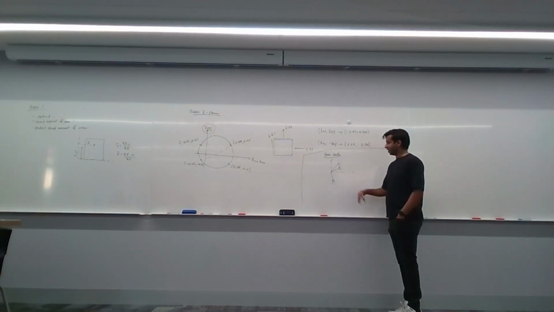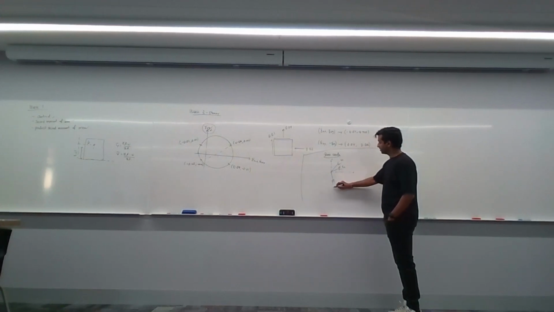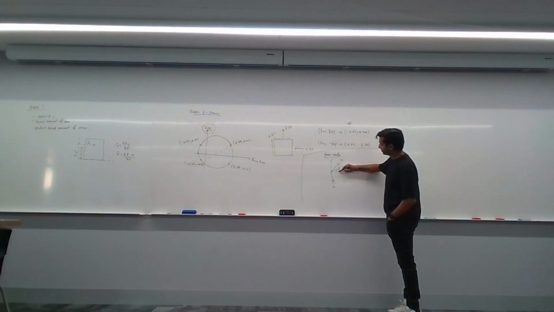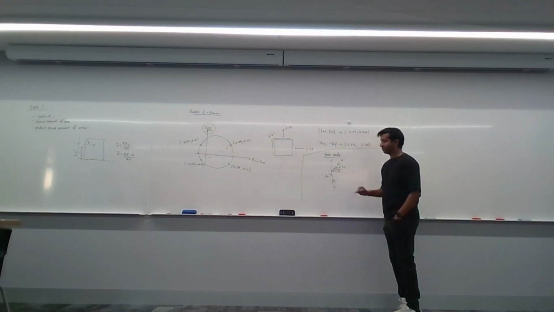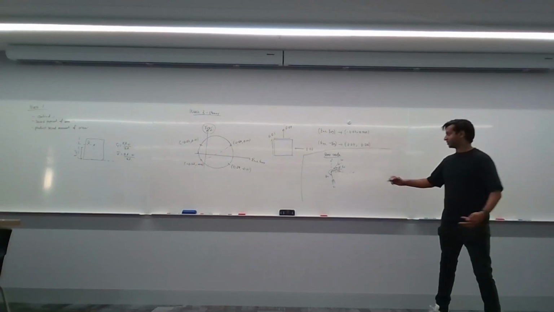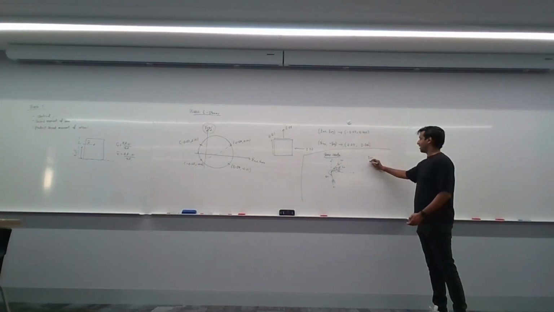If you know what the values of each of these are, strain A, strain B, strain C, and if you know what these angles are, theta A, theta B, theta C, there's a set of formulas that you have, and you can work out what epsilon xx, epsilon yy, and gamma xy are.